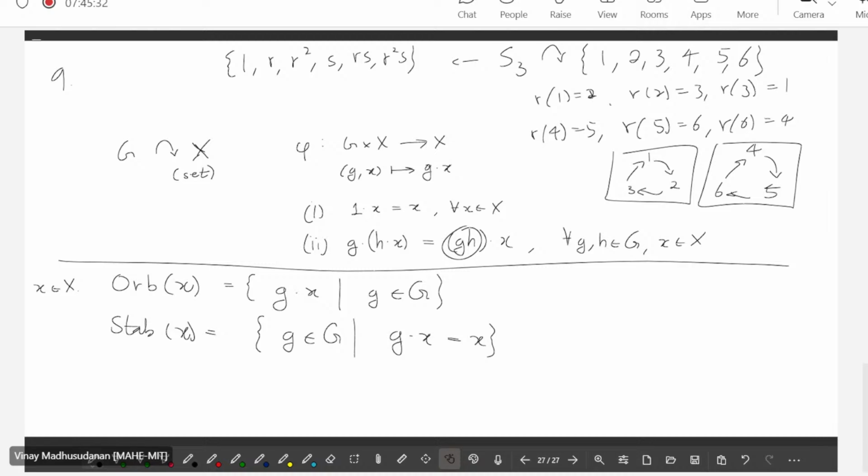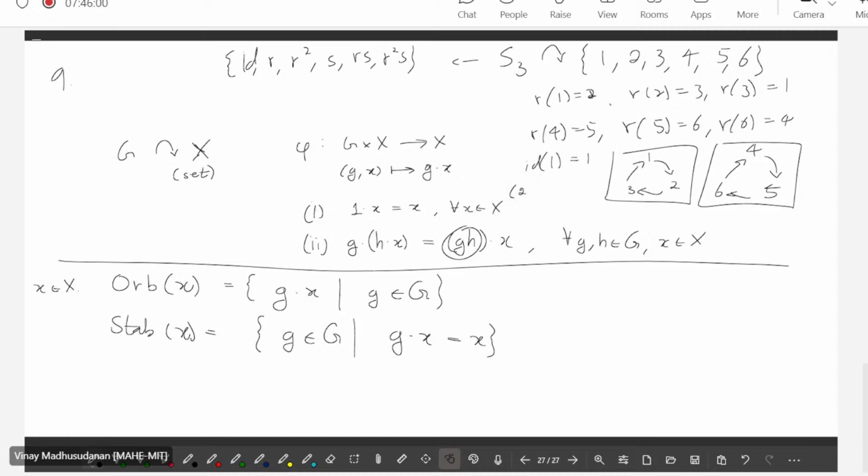Now, what is stabilizer? What is stabilizer of 1? Nothing. I mean, no, not nothing. Stabilizer of 1 is E, ID. Okay, maybe I'll write ID here. Because 1 is there. So ID stabilizes 1 definitely. Correct. ID of 1 is equal to 1.